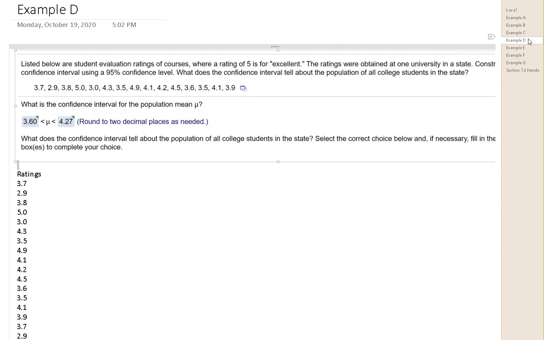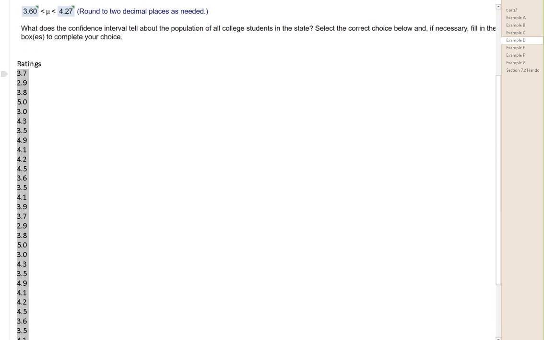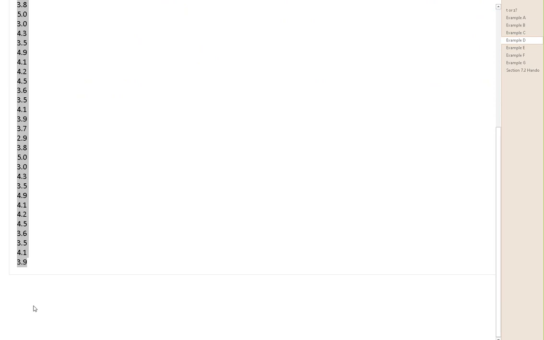On to Example D. This one's got some data, so let me put the data in D2L for us, and then you can pull it off of D2L. Let me copy this here. Copy that.